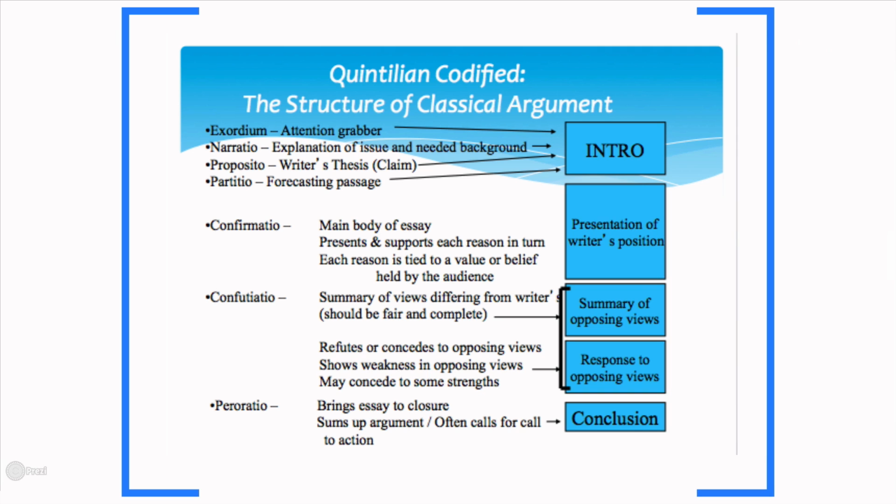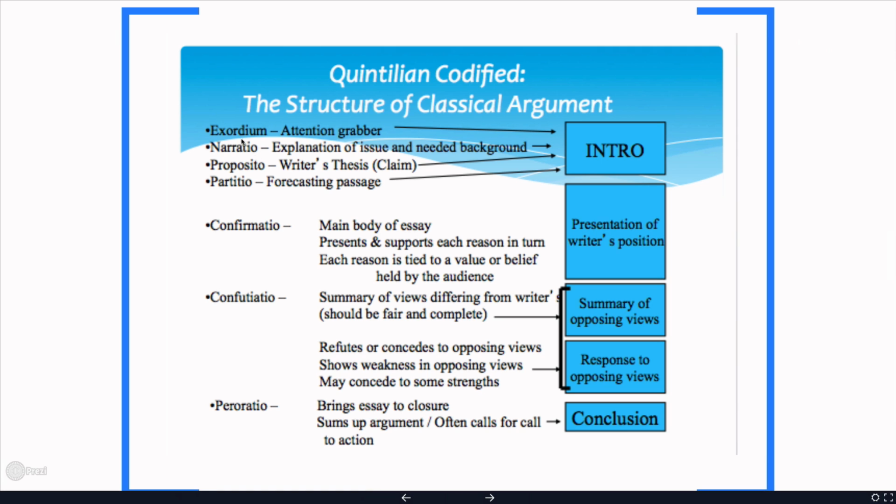Okay, so Quintilian is a Roman fella, and he studied argument, and he studied the ancient Greek arguers, orators, as you probably have heard in philosophy and history classes, and he took it and codified it. Okay, this is the exordium, the narratio, etc., etc.